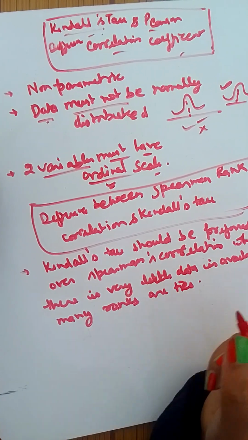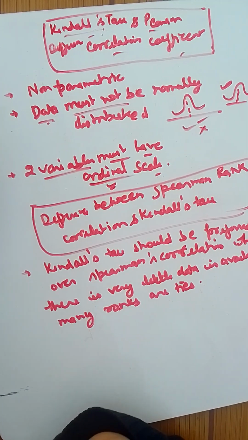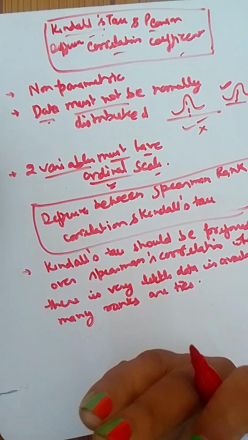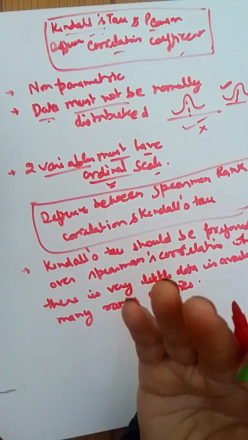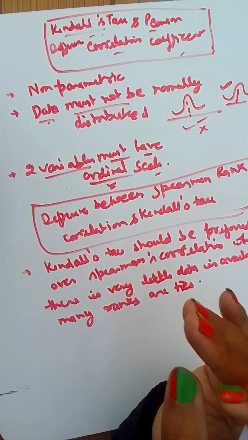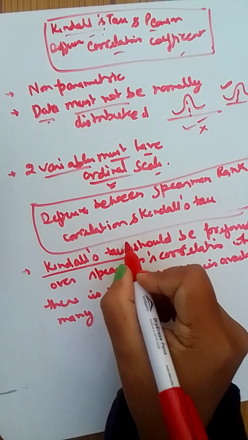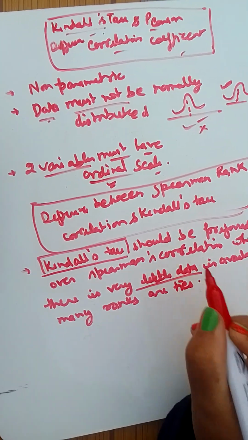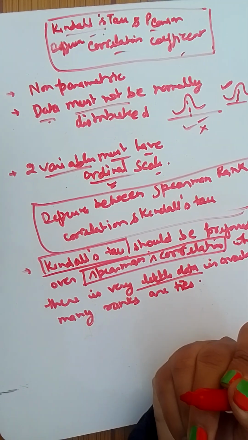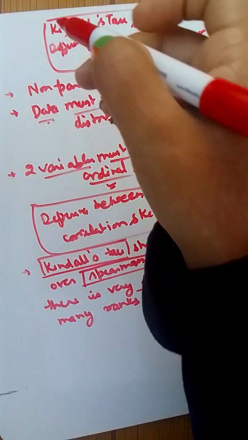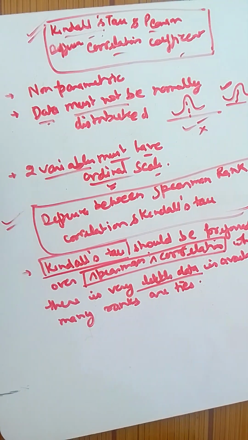You know what I mean to say here? If you have very little data, but you have to calculate many ranks, many in quantity, then we will use Kendall's tau. But if the data is large, then you will use the Spearman correlation coefficient here, so that as a data scientist you would not get confused. So this is the difference between Kendall's tau and the Spearman correlation coefficient.